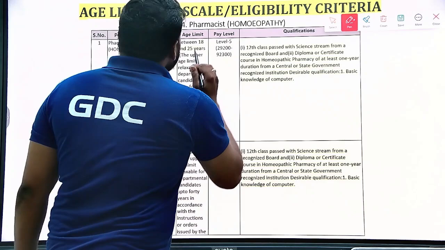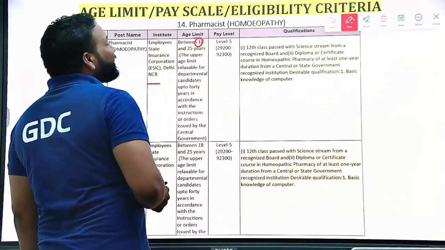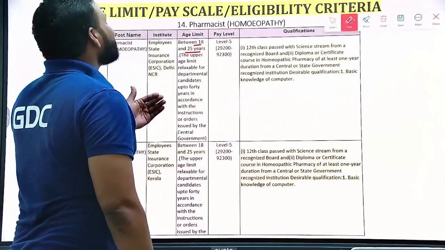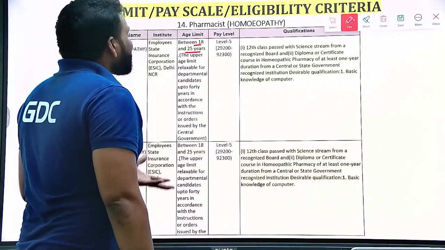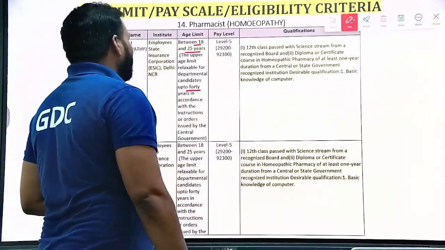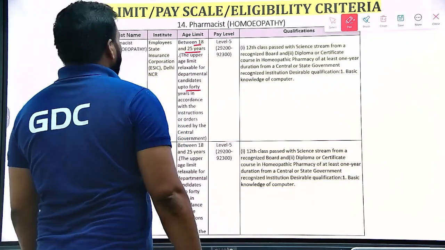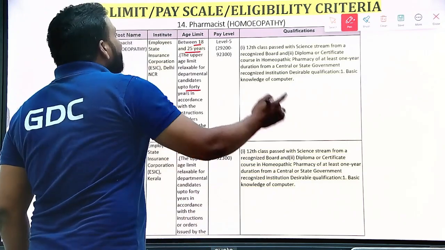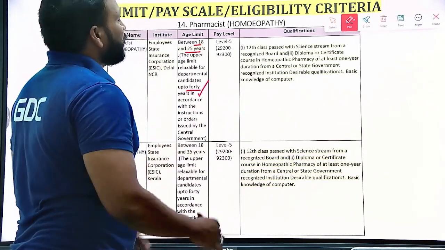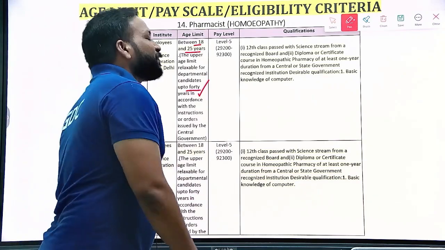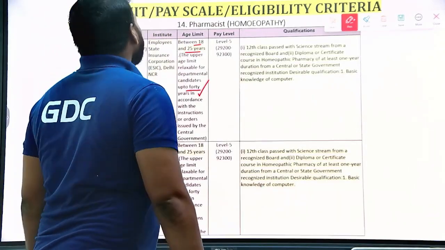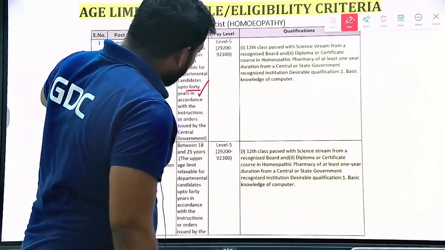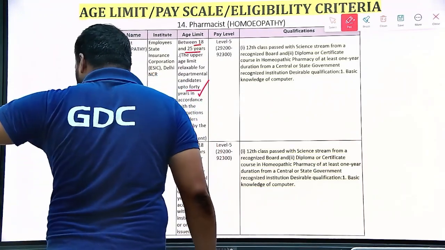In this, the minimum age limit is 18 and the maximum is 25 years, and age relaxation is permissible up to 40 years for persons working in the central government, especially for the medical association. He is permissible up to 40 years.